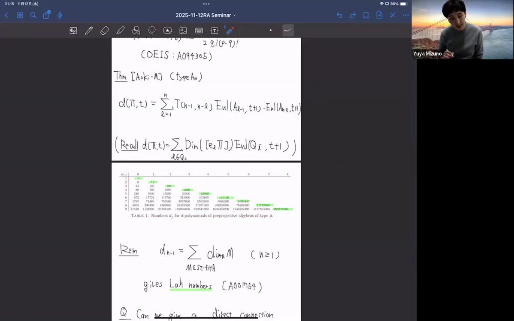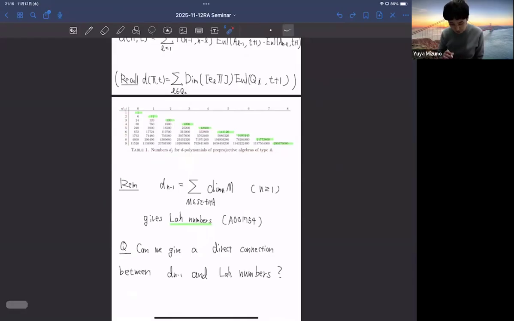We can also find that the maximum numbers of these d-polynomials have some connection with classical combinatorics, namely this highest degree, n minus 1, is nothing but the dimension of the support tau-tilting modules.